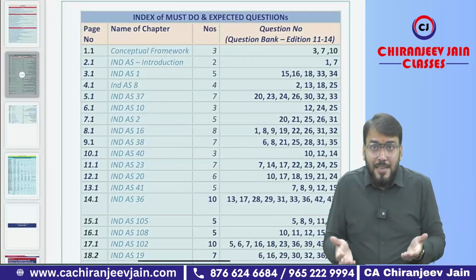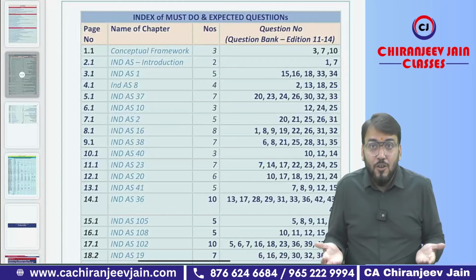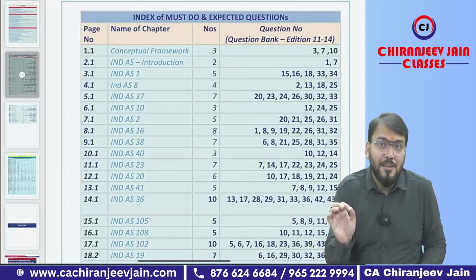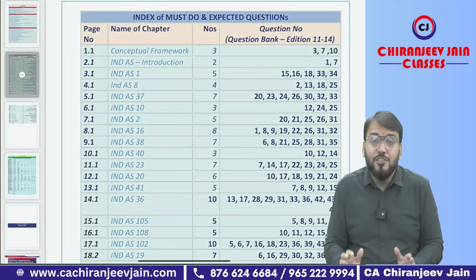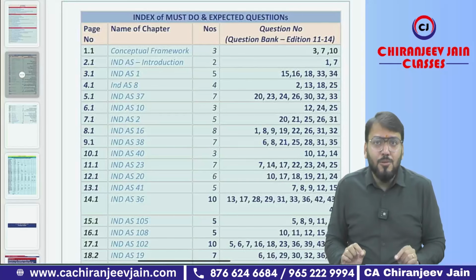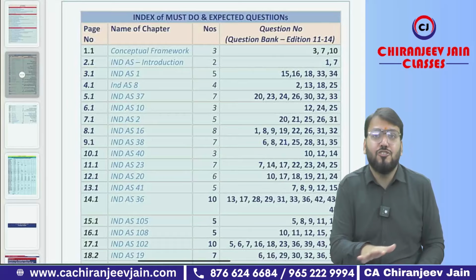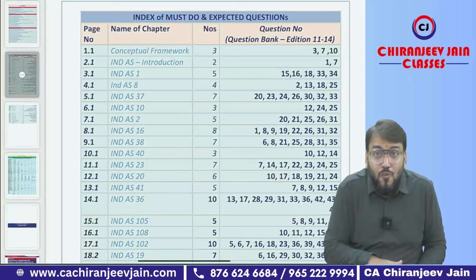The same thing can be expected from this list. But there is a disclaimer. I have already said ICAI is known for unexpected questions in the exam hall, so you can't rely on this. But what I want to say is that if you do this much, these are 240 questions.